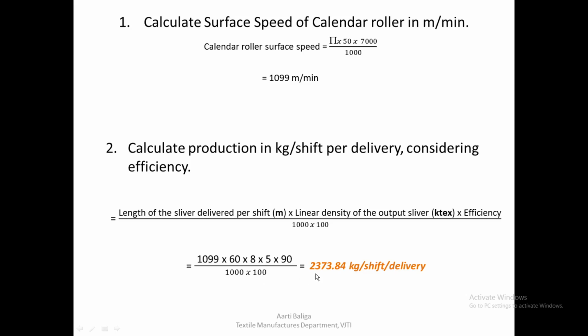So the production value would be 2373.84 kgs per shift per delivery at 90% efficiency. Since efficiency is given in the problem, I would use it to find the actual production, considering that there will be a 10% stoppage during the entire duration of the time that the machine is running.